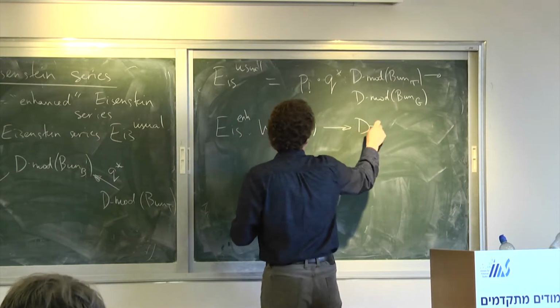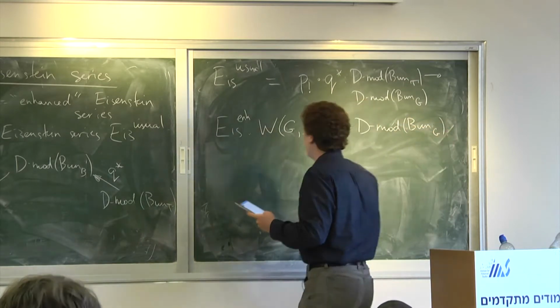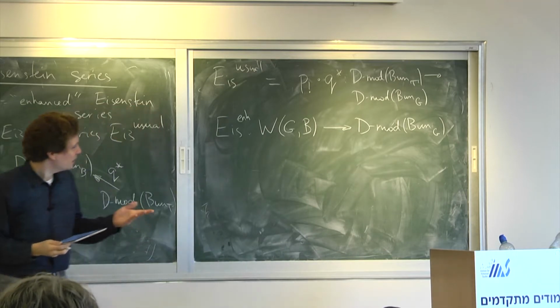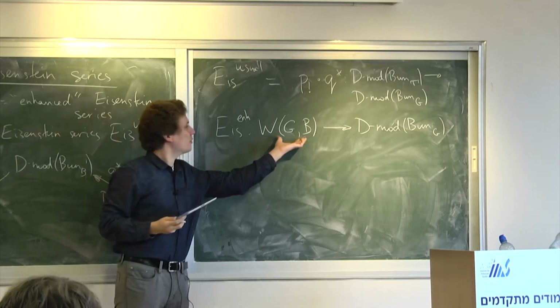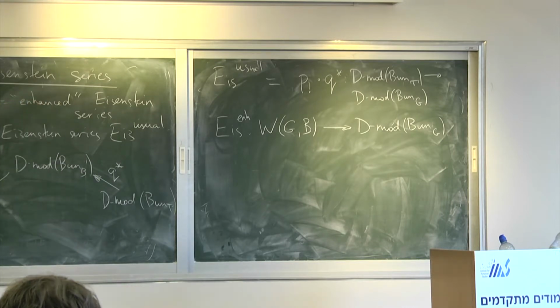So it has the same target, but a different source. And I think Sam said it yesterday that somehow the meaning of this category is that it's supposed to be the best possible source of Eisenstein series.